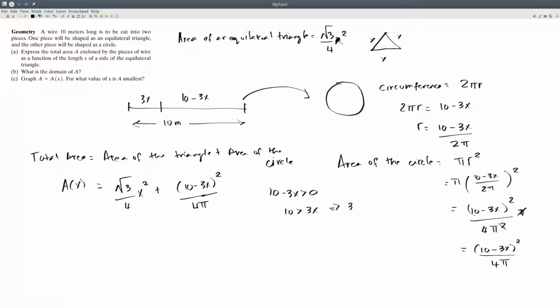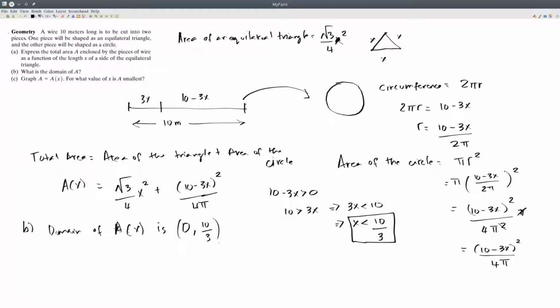This would mean 3x would be less than 10, which would imply x is less than 10 over 3. So we would require x to be greater than 0, which is the length, and x to be less than 10 over 3. The domain of A of x is between 0 and 10 over 3, and of course we cannot include 0 and 10 over 3, because if you plug in 0, that distance would become 0, and it would make no sense.